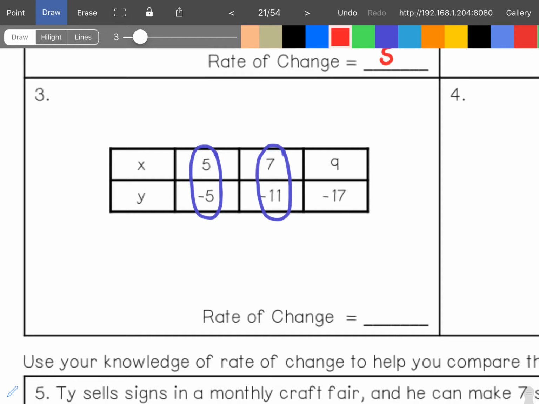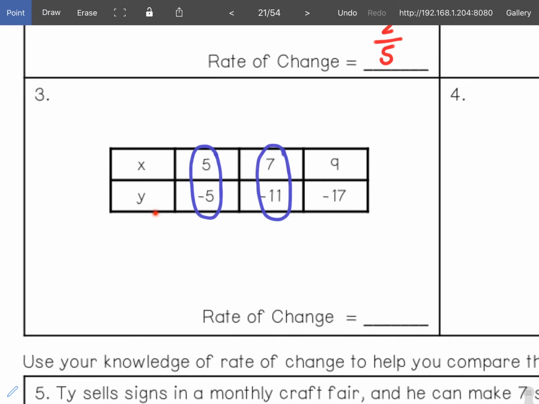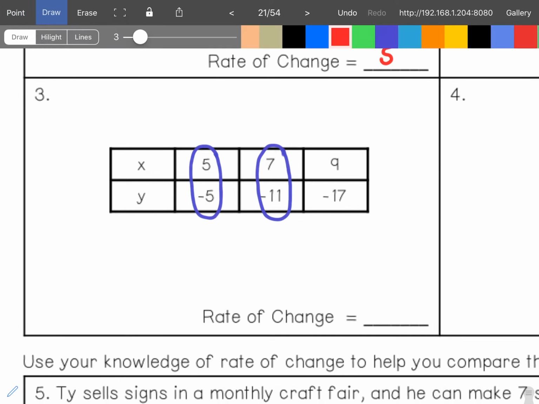Now remember, we subtract the y's as our numerator. So we need to be looking at the negative 5 and the negative 11 for our numerator. So a negative 11 minus a negative 5 divided by 7 minus 5. We subtract our x coordinates on the bottom. Now, if you're using a calculator, that's fine. You should be able to calculate the numerator pretty easily.